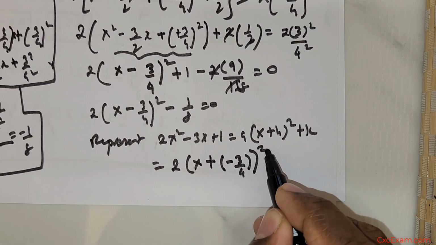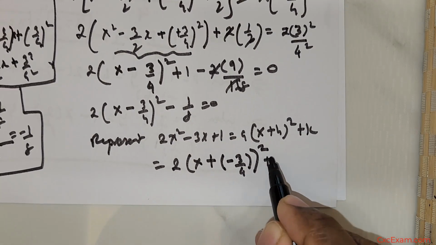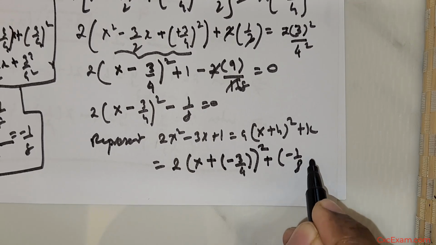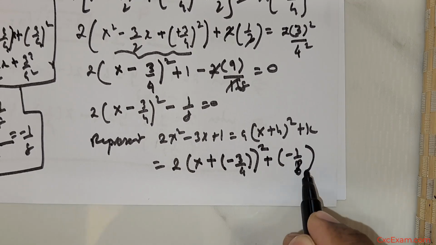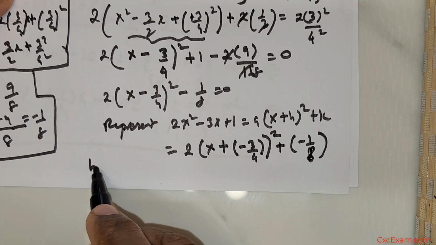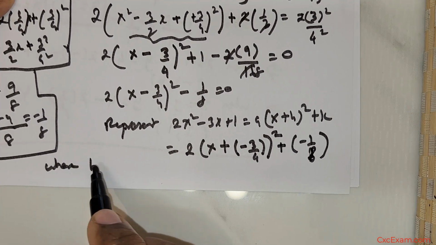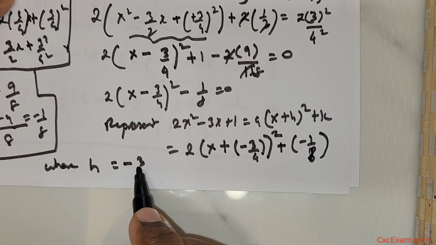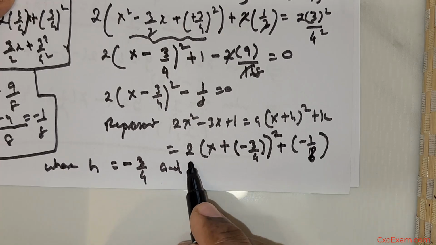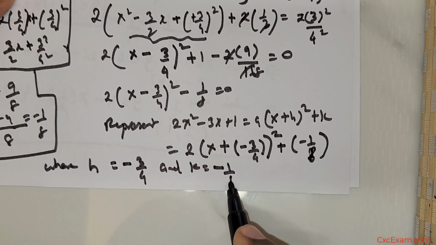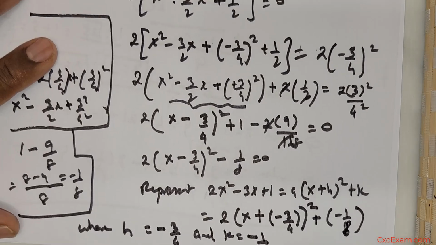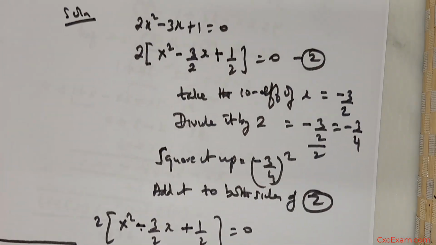The entire component is raised to the power of 2, followed by positive of negative 1 over 8. Now what is the value of h? You can write that down here, where h is equal to negative 3 over 4 and you also have k equal to negative 1 over 8. So that completes the solution for this question.